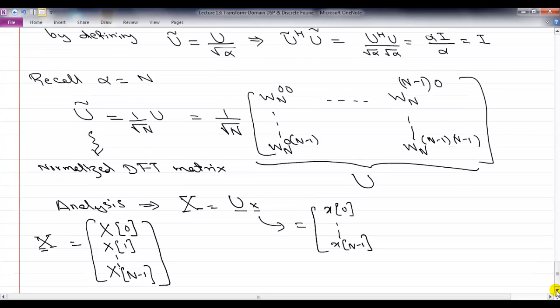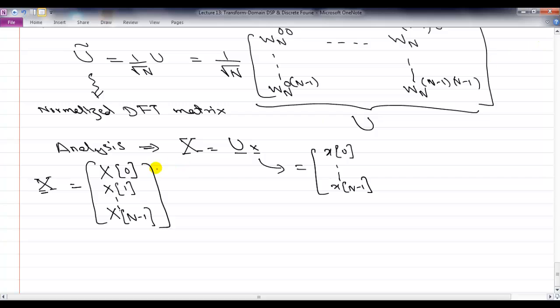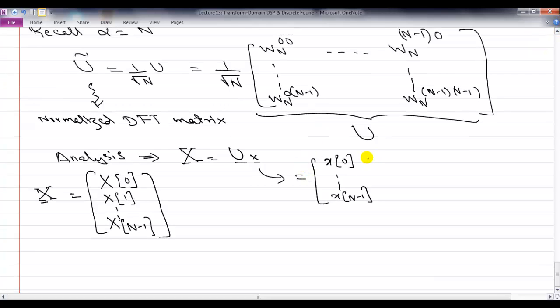And just try to write down the first entry of this. The first entry of this X is the first row of my DFT matrix multiplied with this little x.